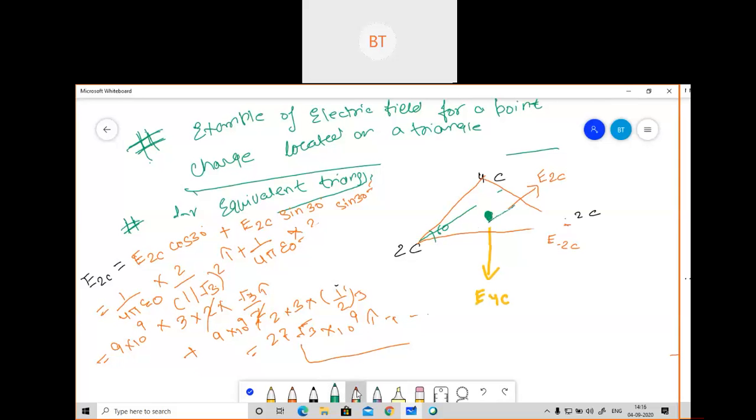Suppose this is our x axis, this is our y axis.